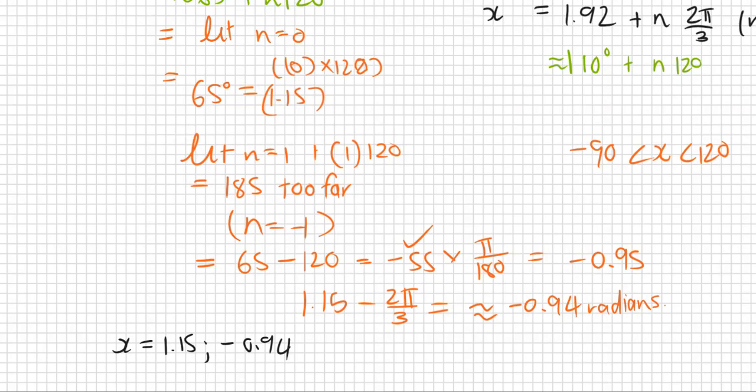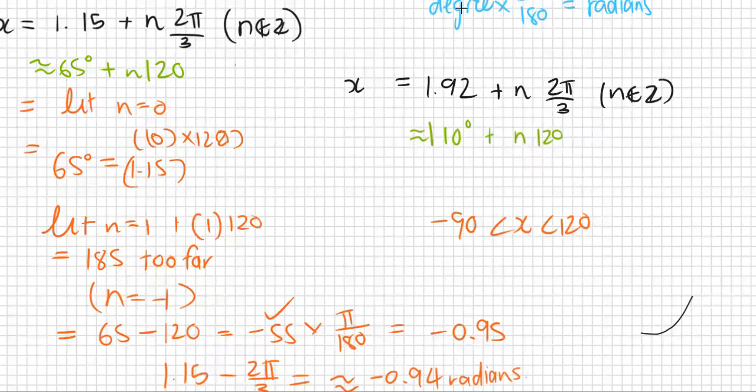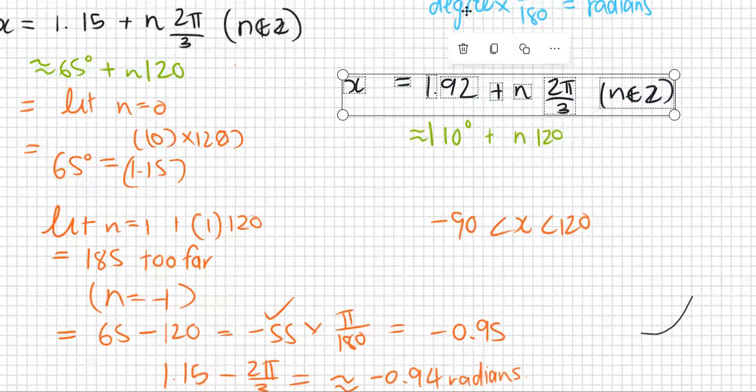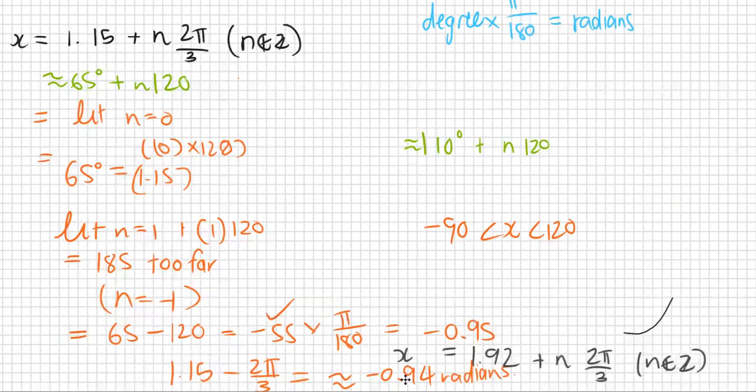Now we can look at the other general solution we got. So this was the fourth quadrant information. Bringing it down a bit so you see it a little more clearly.